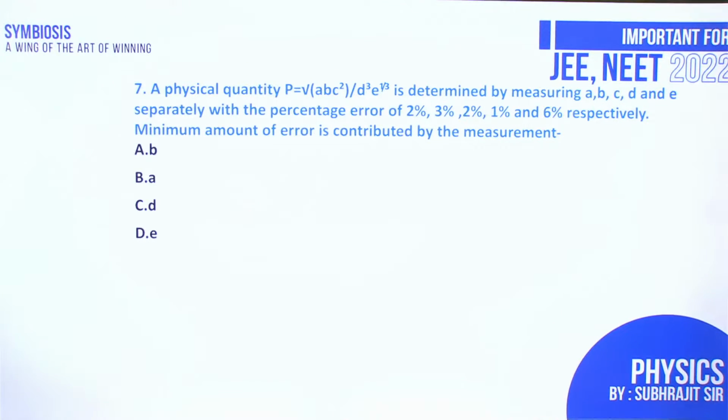Now the question is, the minimum amount of error is contributed by which measurement? Four options are given on the screen.